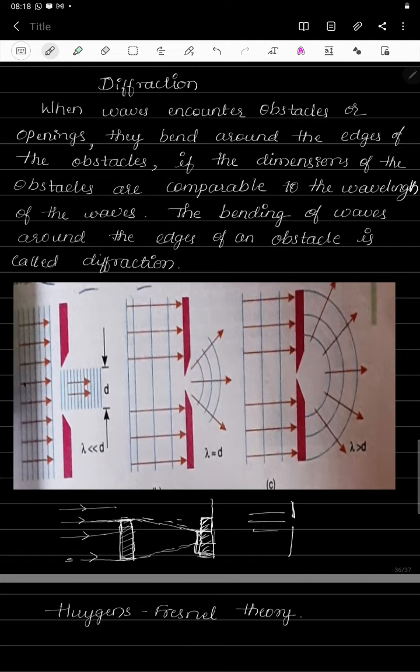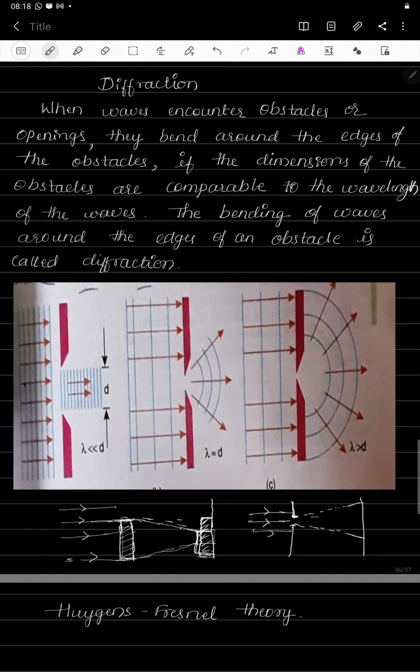In this direction let us suppose light is traveling and here is the screen placed. At the edge of the opening, bending takes place here also.